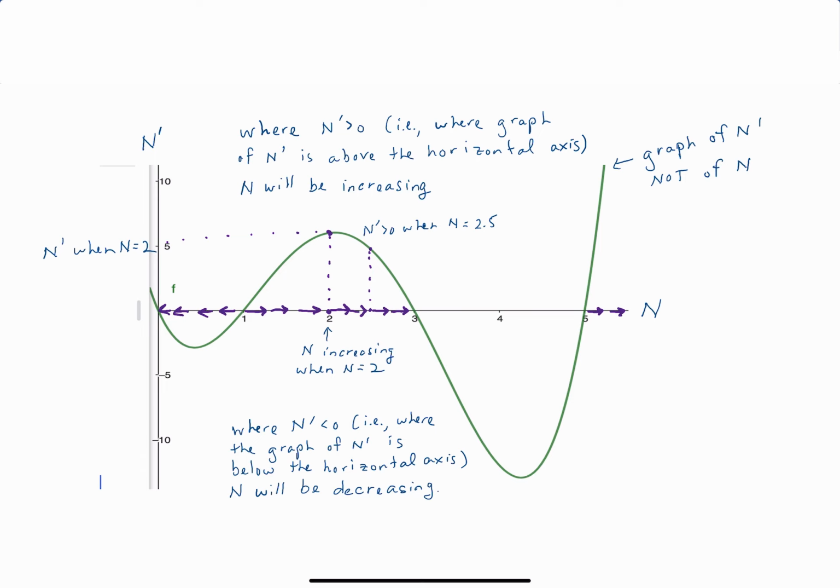And then we've got a section going from 3 to 5, where again the derivative graph is below the x-axis, which means the derivative is negative, which means the function would be decreasing. So although we don't have the graph of N, in fact we can't graph N right now because we don't have a formula for N, we can at least put on the N-axis what direction it would be moving.